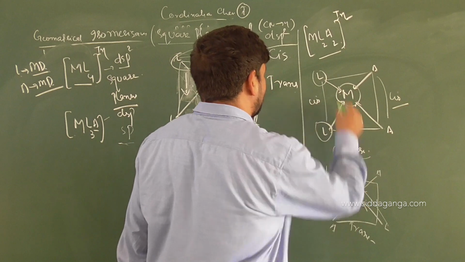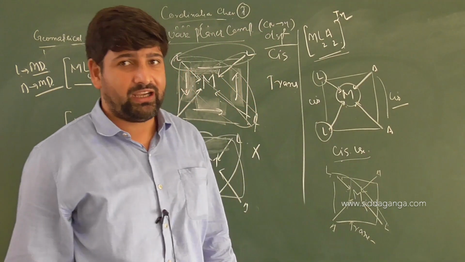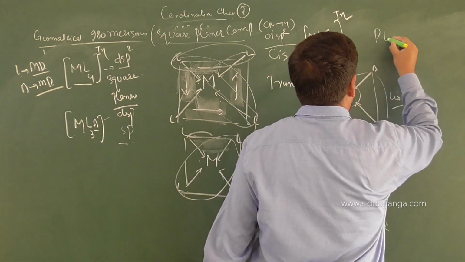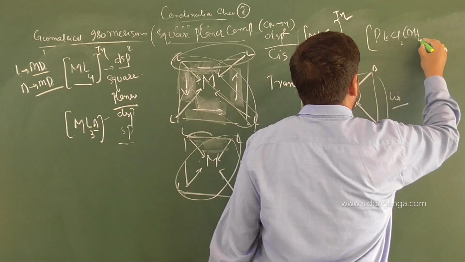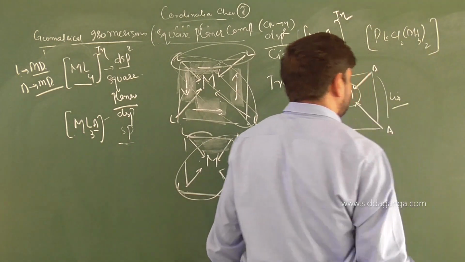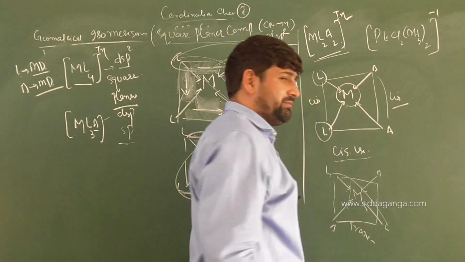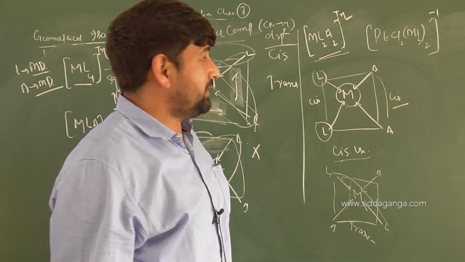So cis and trans will be exhibited by molecules of the type ML2A2. ML2A2 type means what? We can take one example also, children. Say we have a complex PtCl2(NH3)2, and say the charge of this complex is -1. Then what's the name?